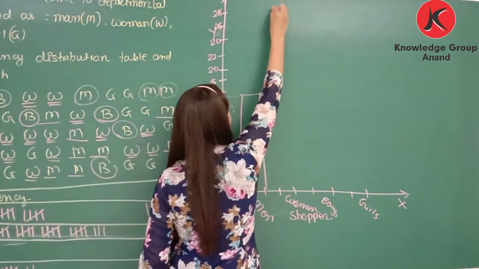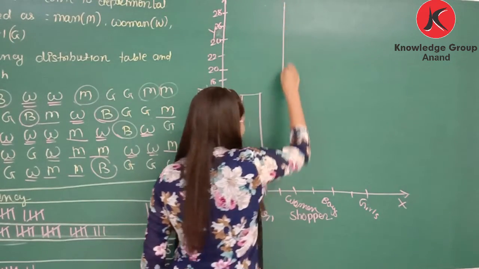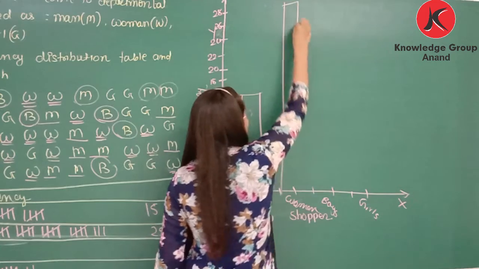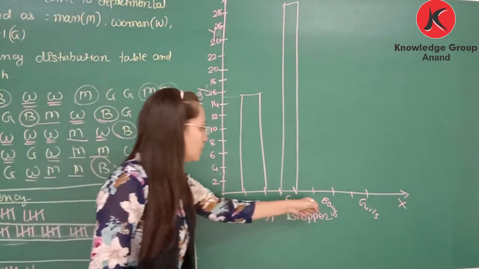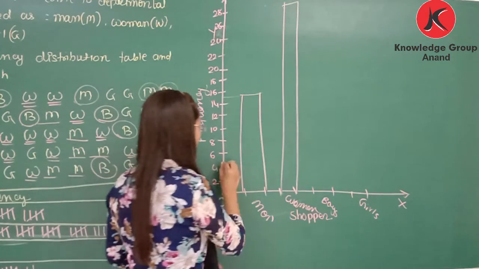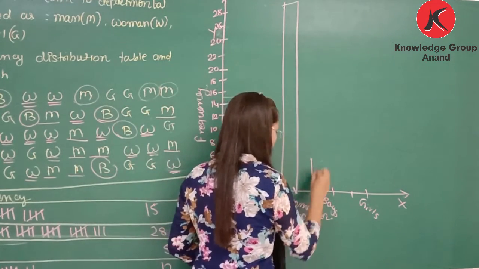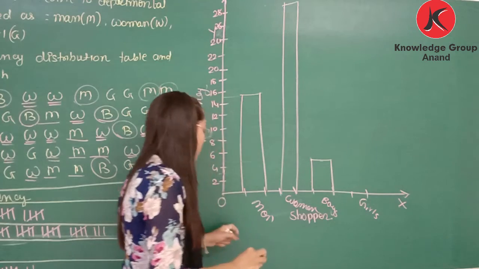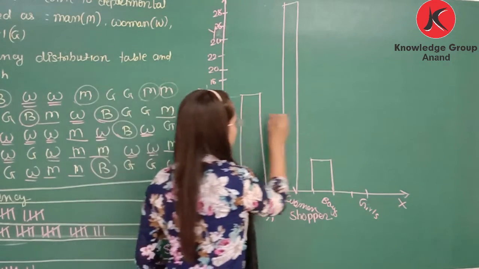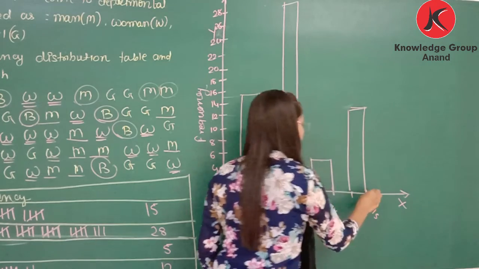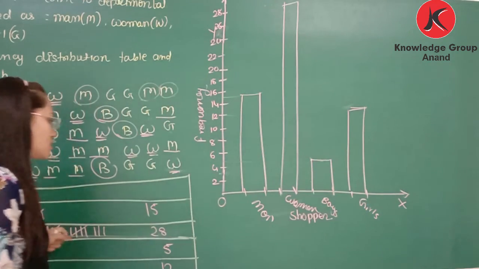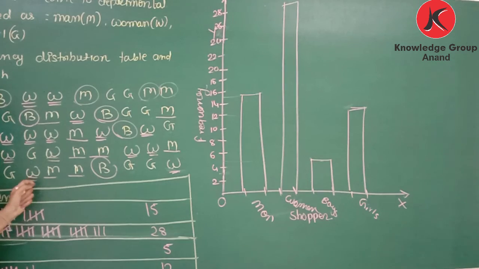So we will draw the bar up to 28. You need to draw this graph on graph paper. Then boys, there are 5 boys, which is between 4 and 6. And girls are 12, so it is represented like this. So this is the graphical representation and this is the tabular representation of the given information.